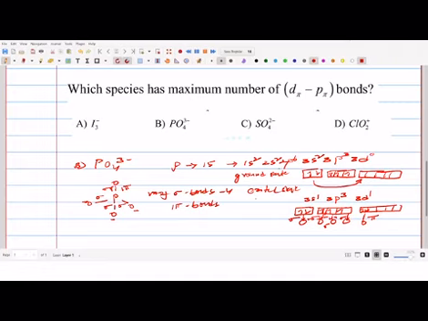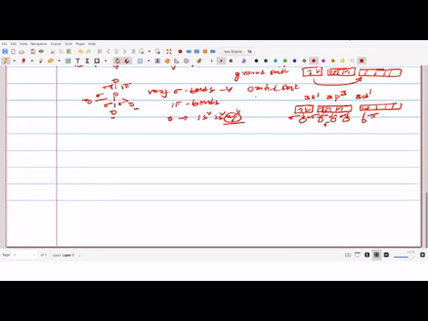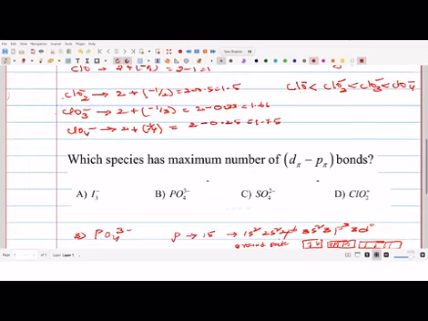Oxygen has the configuration 1s2, 2s2, 2p4, so its outermost valence shell is 2p.